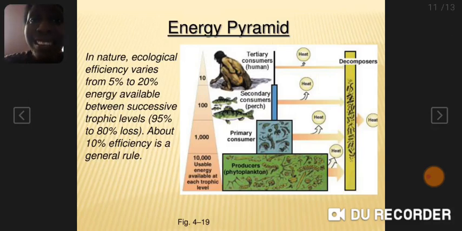Energy decreases along the food chain. Okay? So from one trophic level to the next trophic level to the succeeding trophic level, what is happening? Energy is decreasing as you go up the food chain in the pyramid of energy. Do you understand? So take note of that. It's a very important question.